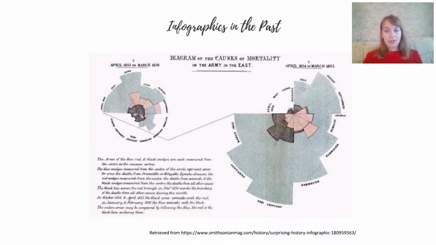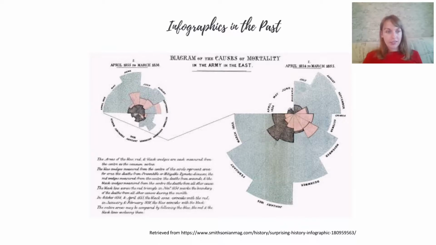If I ask you to look at the infographic on the right and tell me what these small segments are, months, so January, December, November, or January, February, March. This infographic concerns the number of casualties, or deaths, during a war in the 19th century.